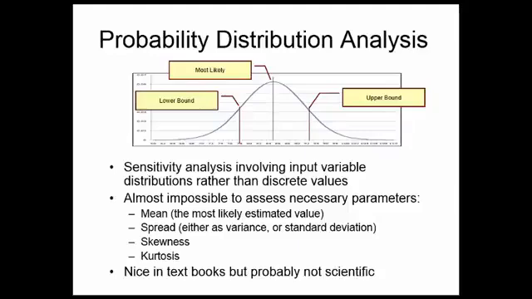The first I want to look at is probability distribution analysis. One of the problems with sensitivity analysis that we've noticed is the three-world problem, the way that we arbitrarily decide on what the pessimistic and optimistic extremes are.